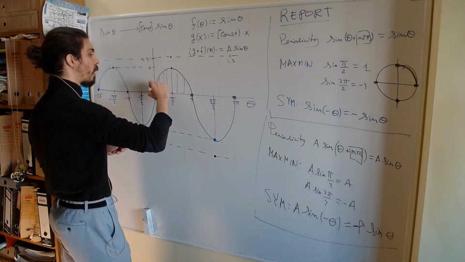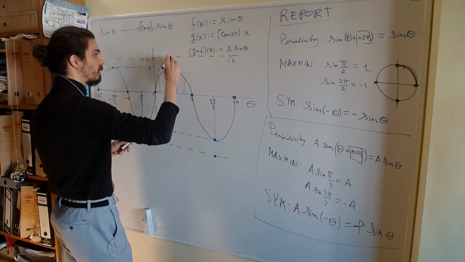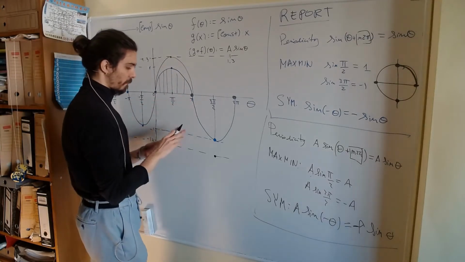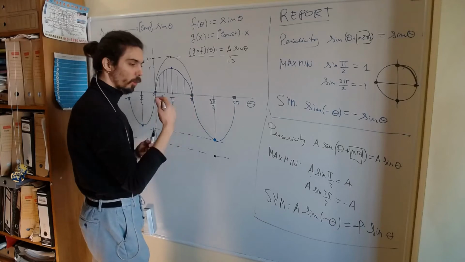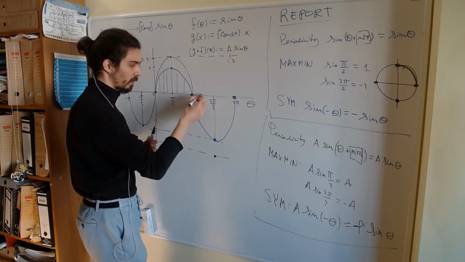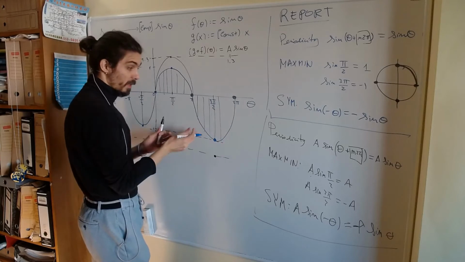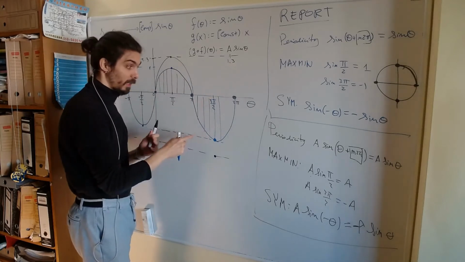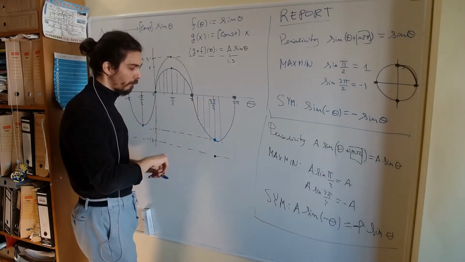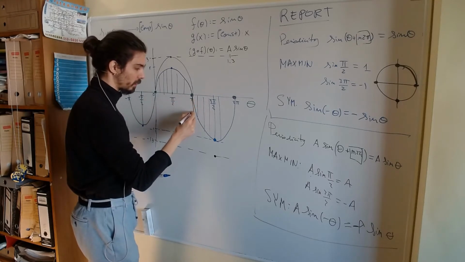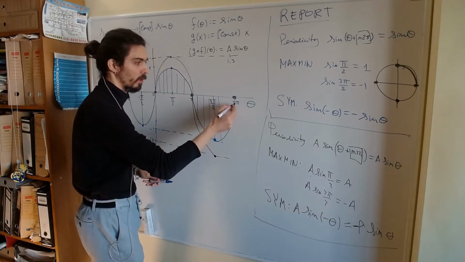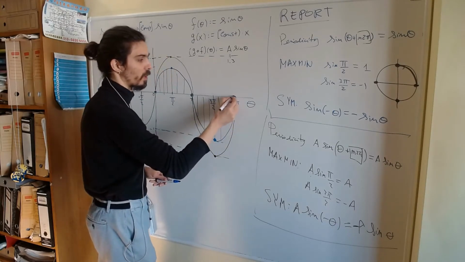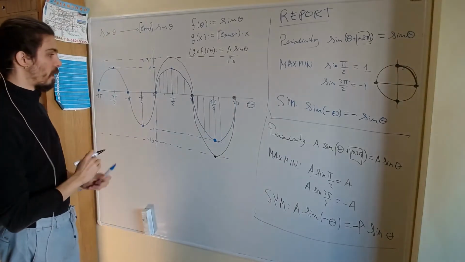So the function is always above the blue curve, and it only intersects the blue curve at the zeros. Here, the outputs of these points are negative, but if you multiply by a number larger than 1, they get even more negative. So they have to be below the blue curve. It reaches the minimum of minus 1.3, and then it increases again and intersects the blue curve only at the zero. This is good.